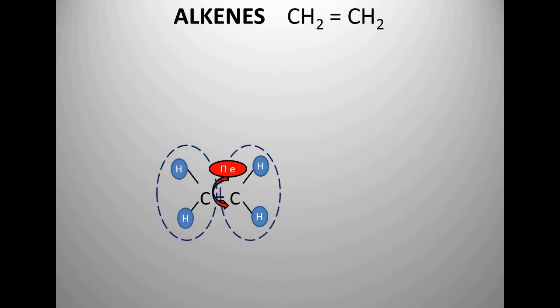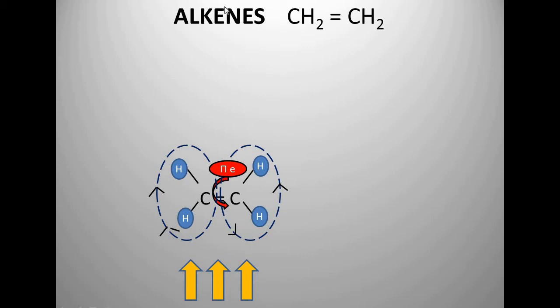So the magnetic field is like this, and the direction of the magnetic field is like this. Means from here it is like this, and it is like this due to the pi electron, and this is your external magnetic field.